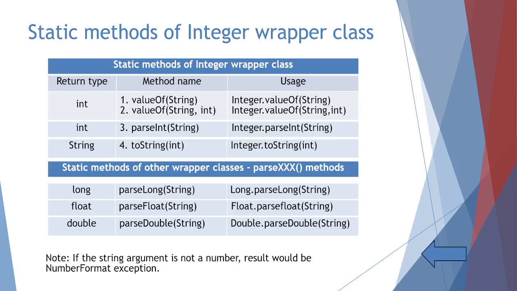We need to understand that if the string argument we are sending is not a number, that is, within double quotes, the result would be a NumberFormatException. Now in the next slides, first we understand methods 1 and 3, that is valueOf(string) and parseInt(string).